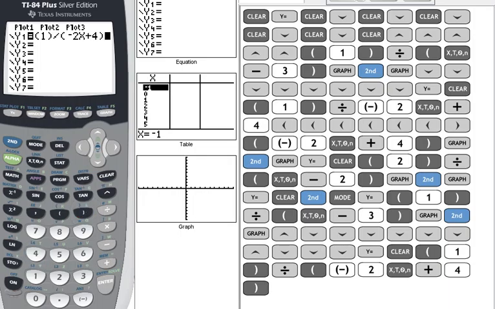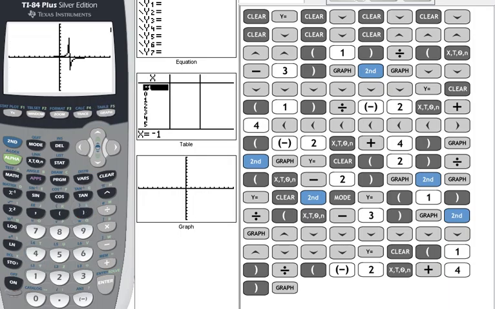And we graph this. We should see a vertical asymptote at 2. And as you can see, we do. Where is our horizontal asymptote? Once again, it looks like the x-axis, which is the line y equals 0. So y equals 0 is going to be our horizontal asymptote.